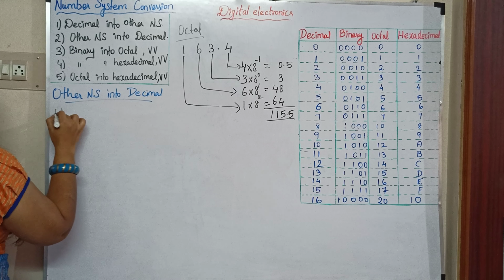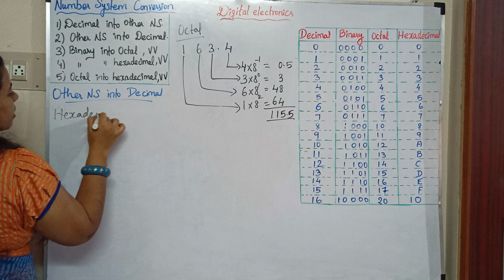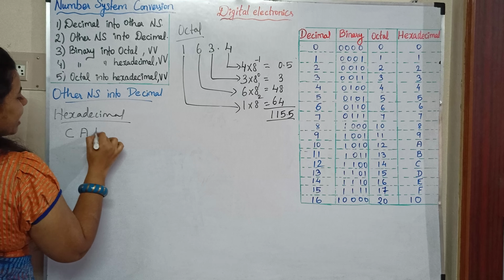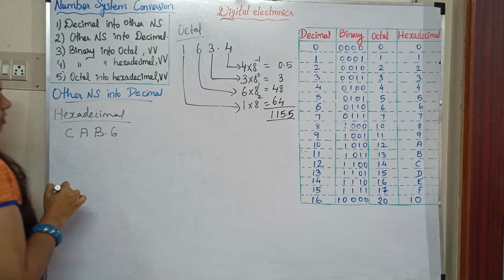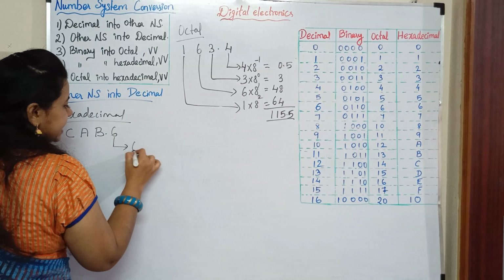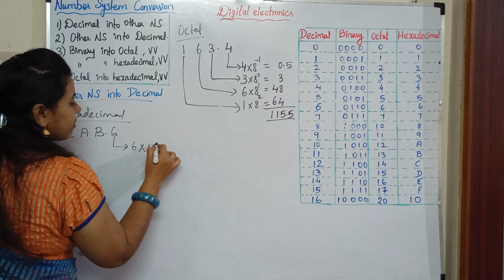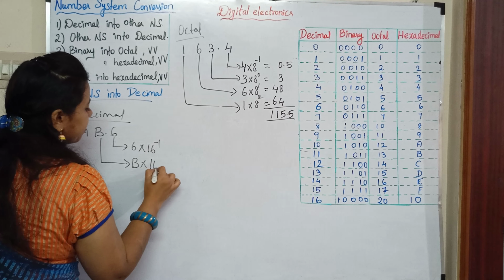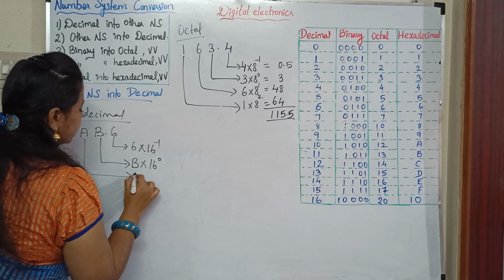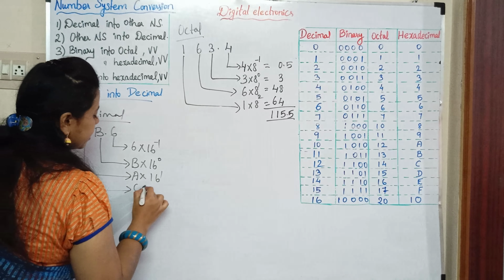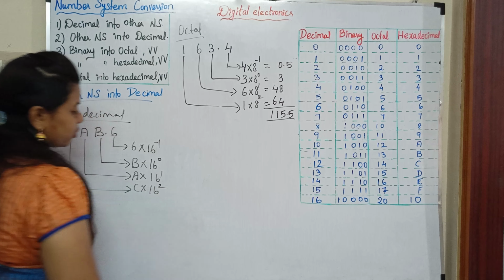Same applies for hexadecimal. Consider CAB.6. Multiply each digit by its positional value: 6 into 16 to the power minus 1, B into 16 to the power 0, A into 16 to the power 1, C into 16 to the power 2.